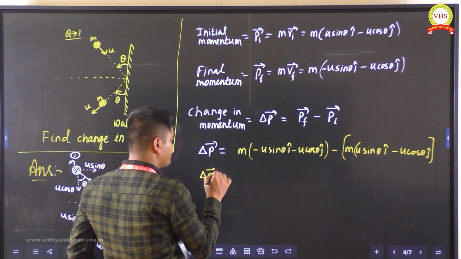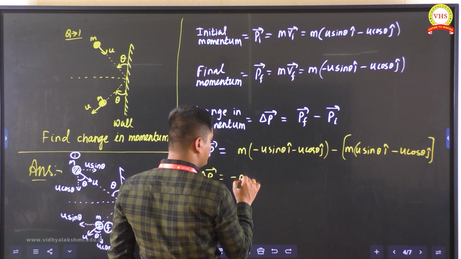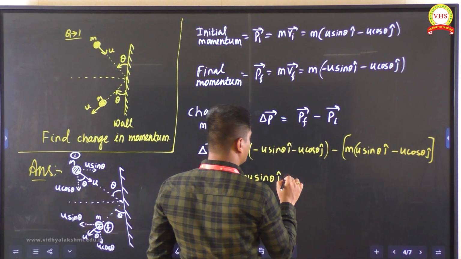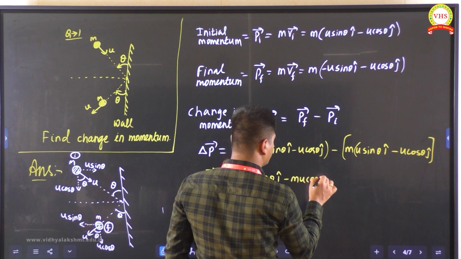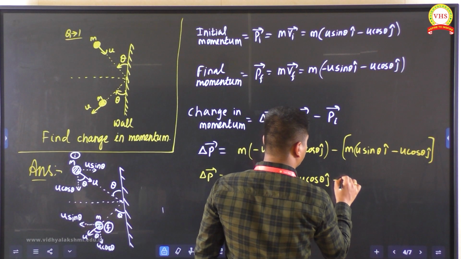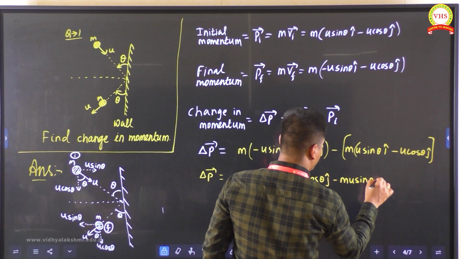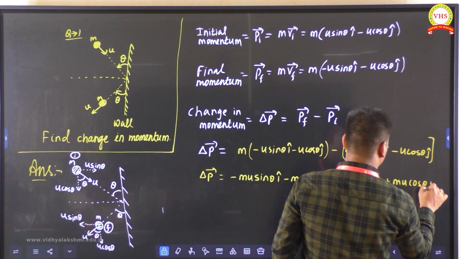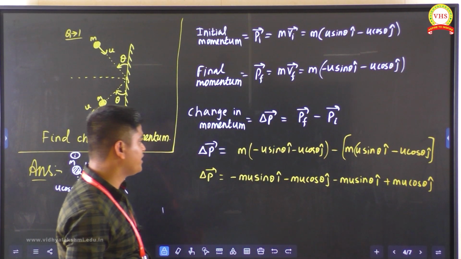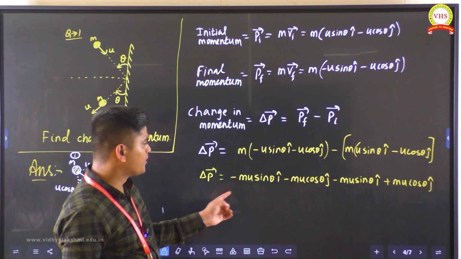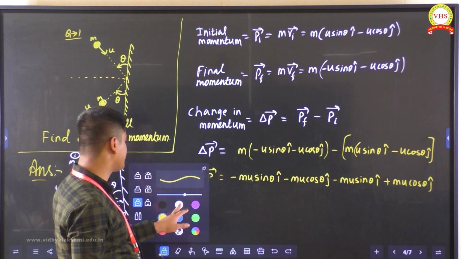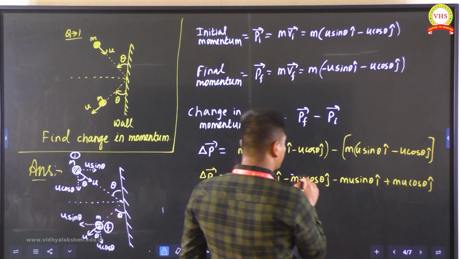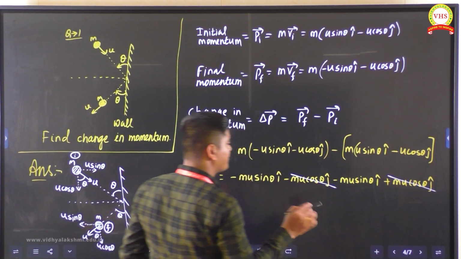Change in momentum is nothing but m times minus u sin theta i cap, then minus m u cos theta j cap, then minus m u sin theta i cap, minus minus plus m u cos theta j cap. Now see what will happen here. Something is getting cancelled here, right? Which one is getting cancelled? Check. Minus m u cos theta j cap plus m u cos theta j cap cancelling.